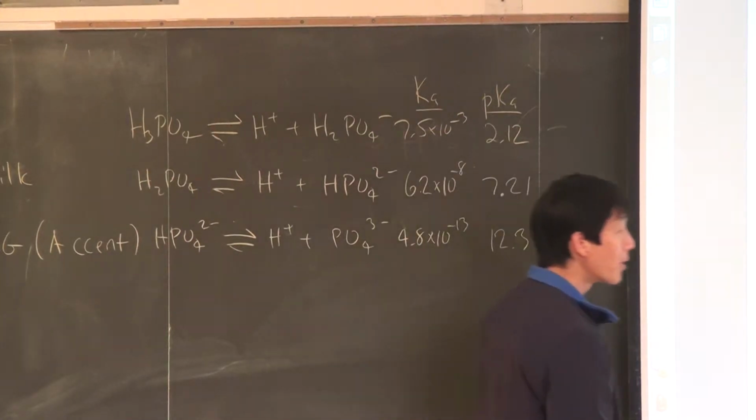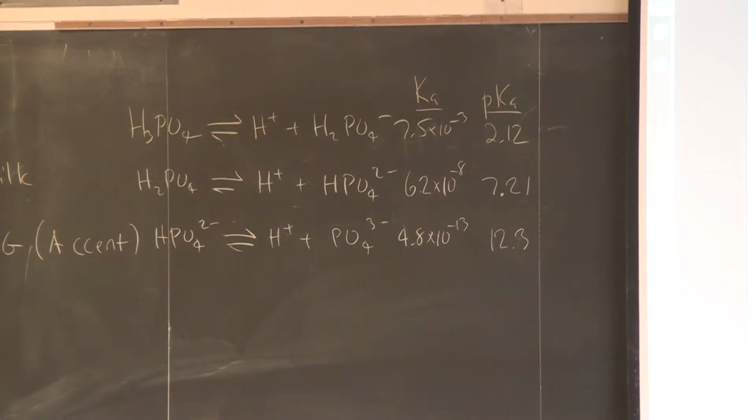Okay, so we know using the Henderson-Hasselbalch equation that at the halfway point, A minus equals HA, so the pH equals pKa. So can we fill in the pHs at the halfway points right now?